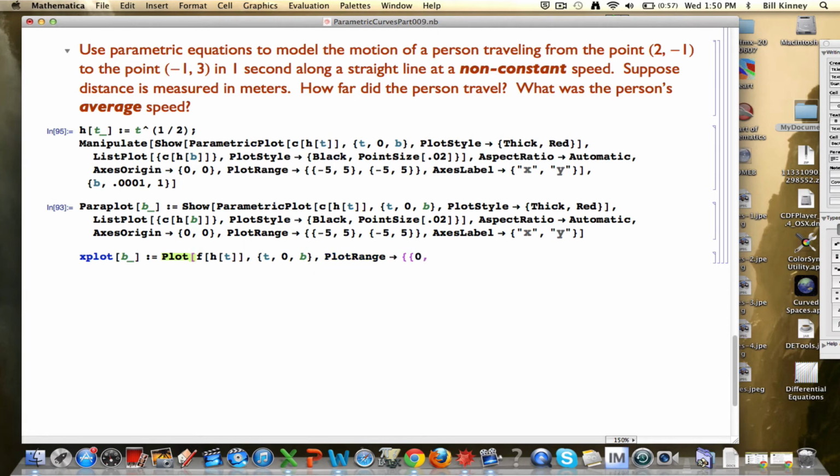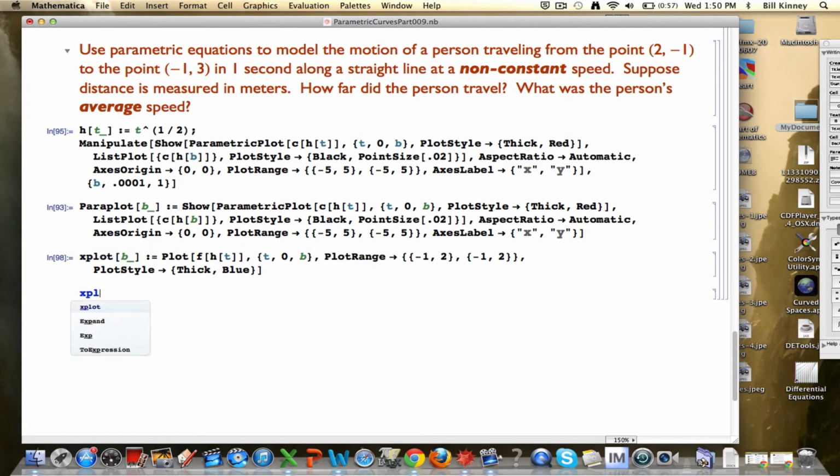Let's go -1 to 2 for the horizontal direction, and might as well go -1 to 2 for the vertical direction as well. I think I'll make this blue. Alright, I think this looks good.